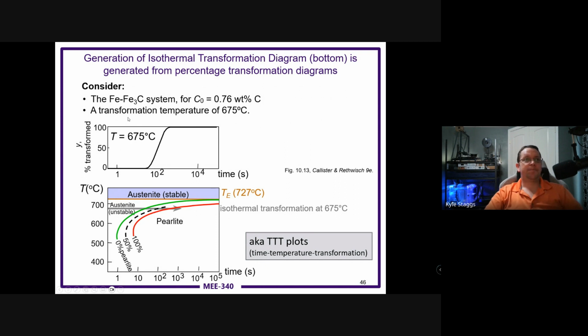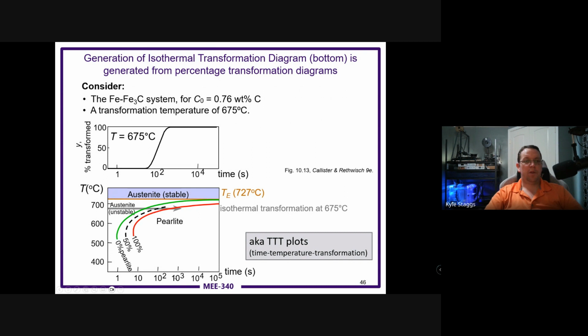So the transition temperature is around 675 for austenite, because at the 700 you're almost in the austenite phase, which is stable. As you start dropping below that, you start crossing into, depending on how long, right?